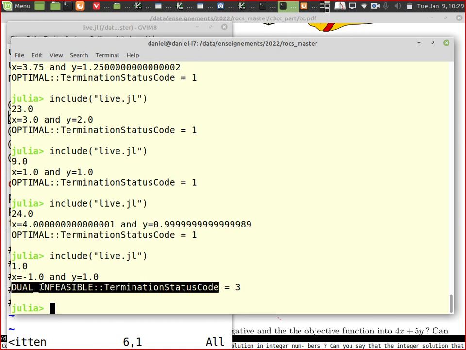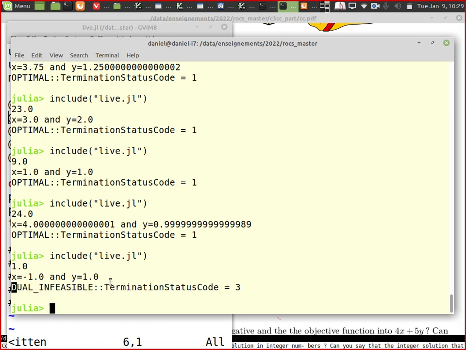I don't know if you remember this from the linear programming course. But if a solution is dual infeasible, it means the problem is unbounded in the original program. This is a bit of theory, but even if you don't remember it, trust me, dual infeasible means that the objective is unbounded.